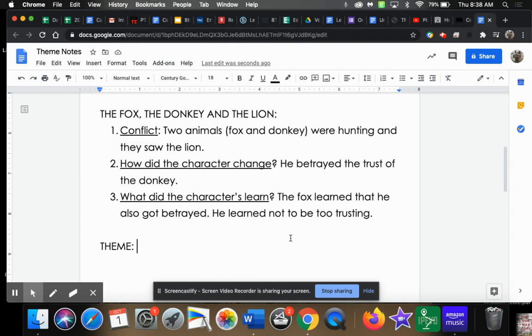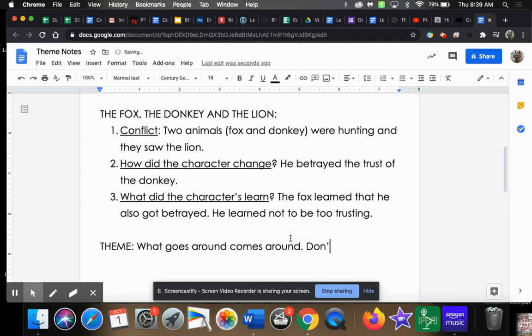Okay, what goes around comes around is a good one. Can anybody think of other ones? Because remember, there's always possibilities for more than one theme. What's another theme? Don't judge a book by its cover, because the donkey was just immediately trusting, right?